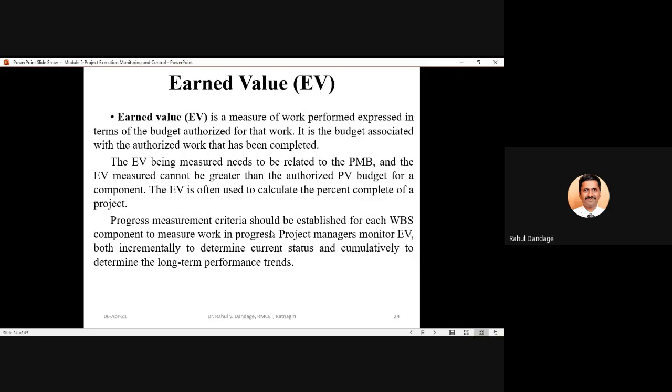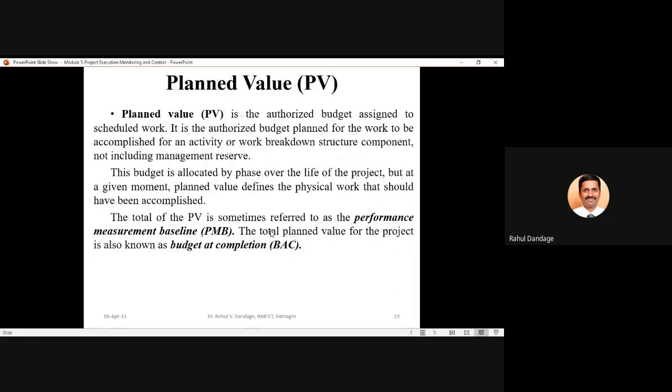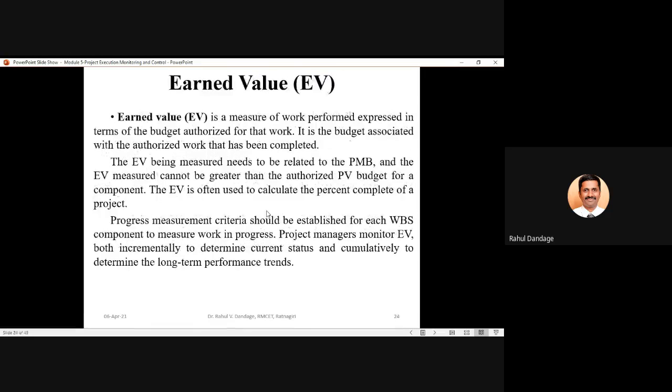So earned value is the budget which is associated with the authorized work that has been completed. At any particular point of time, the earned value will depend on the work completed and it will not depend on the work pending. The earned value being measured needs to be related to the PMB, that is project management baseline, and/or the performance measurement baseline, and the EV measured cannot be greater than the authorized planned value budget for a component.